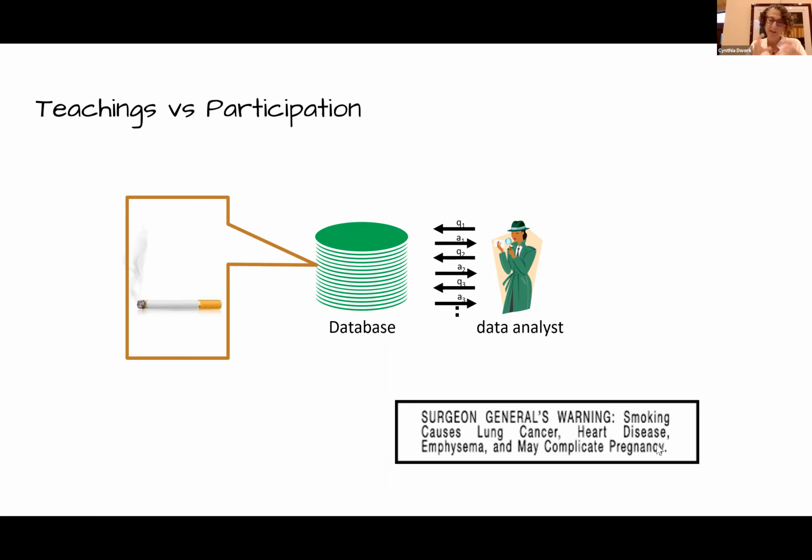So disentangling harms that come from the teachings of the data set from harms that arise due to participating. If I'm essentially no more likely to be harmed whether I join or not, maybe I will be persuaded to allow my data to be used for these sorts of purposes, which has a public health benefit.